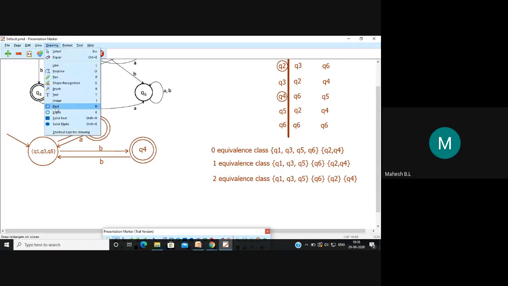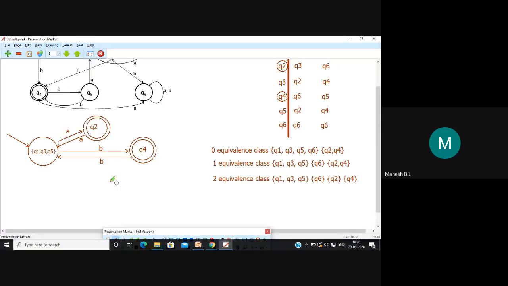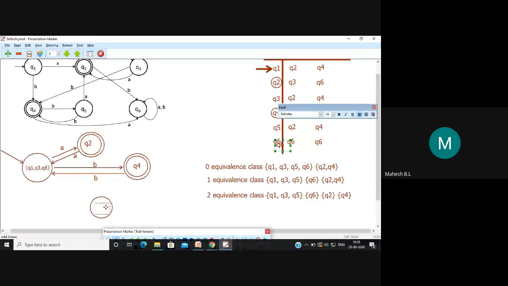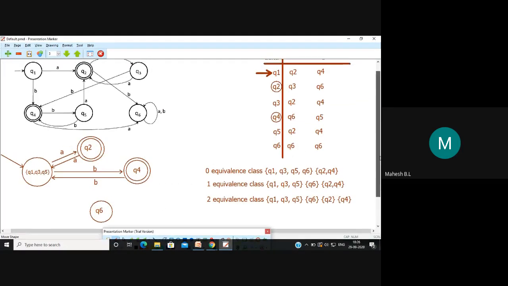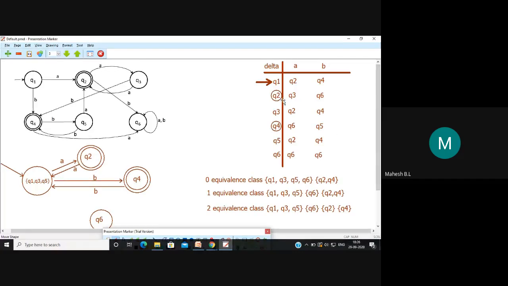So let me draw that state. Q6. Q2 on B is Q6. Similarly, Q4 on A is Q6.